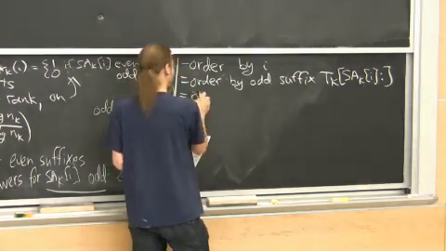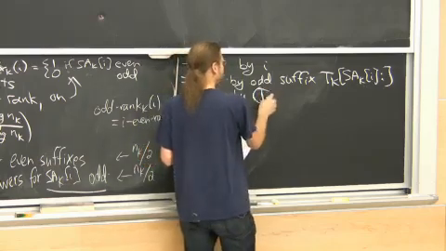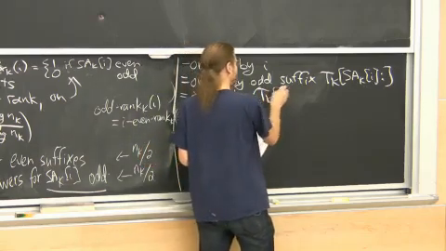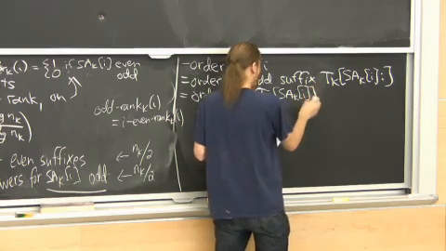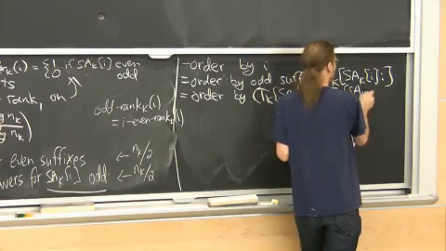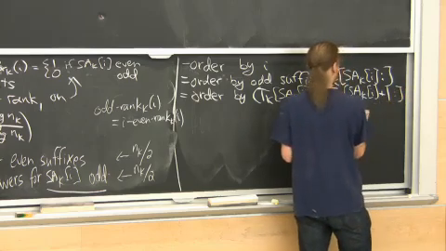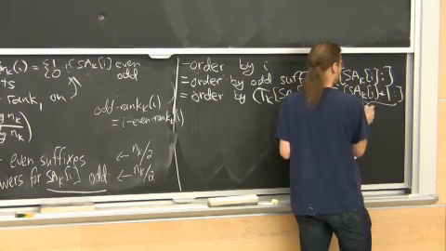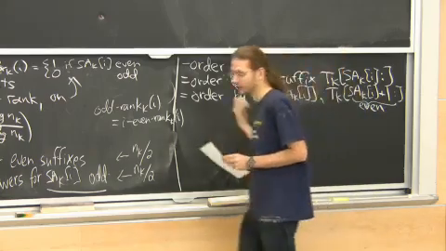So this is the same thing as ordering by this. This should look familiar because we did the same kinds of tricks when we were building suffix trees. And this is even. In fact, it's the even successor.